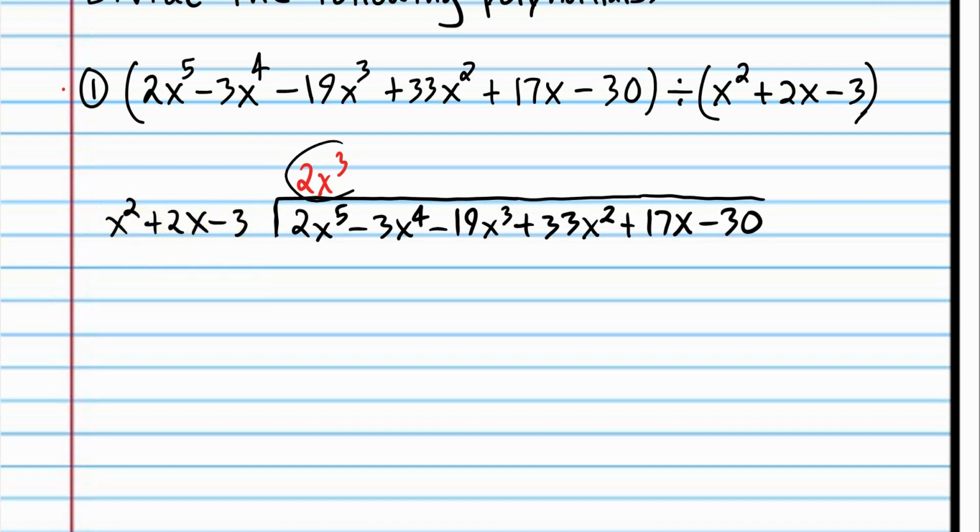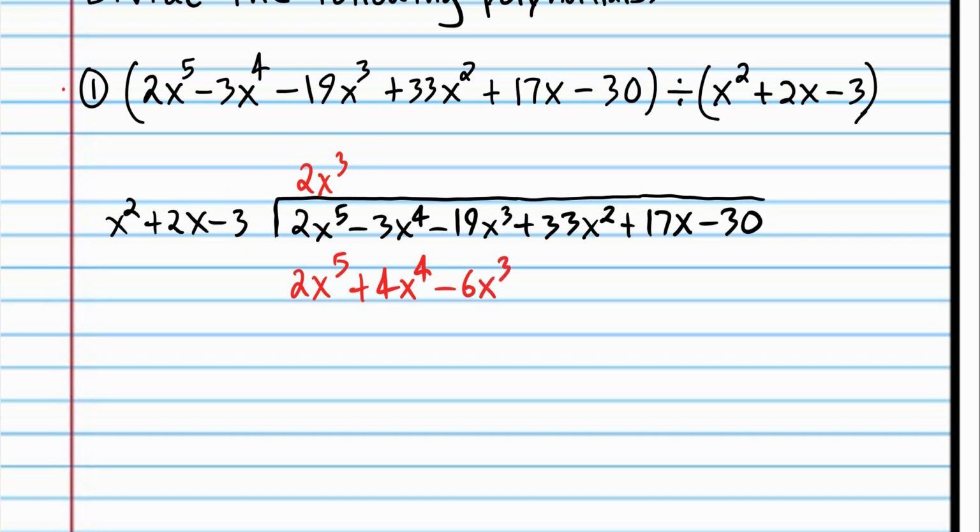So we're going to multiply 2x cubed times x squared, and we get 2x to the fifth power, obviously. These should be the same. If they're not the same, then we did something wrong. Then we're going to multiply 2x cubed times 2x, and we get 4x to the fourth power. Then we're going to multiply 2x cubed times negative 3, and we get negative 6x cubed.